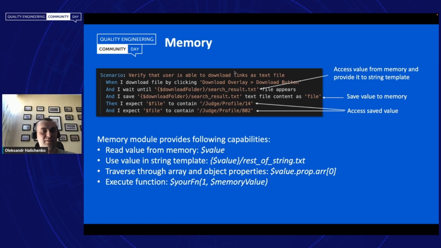And even if your memory value is a reference to a function, it is possible to call it from a Gherkin test case. It makes it possible to dynamically generate some data based on other memory values, based on some JavaScript context and so on.